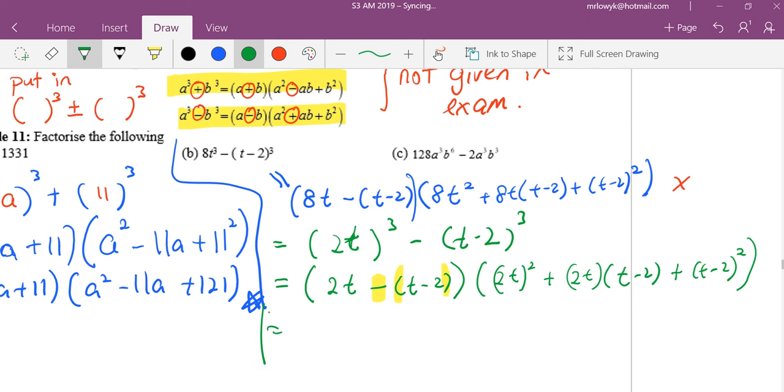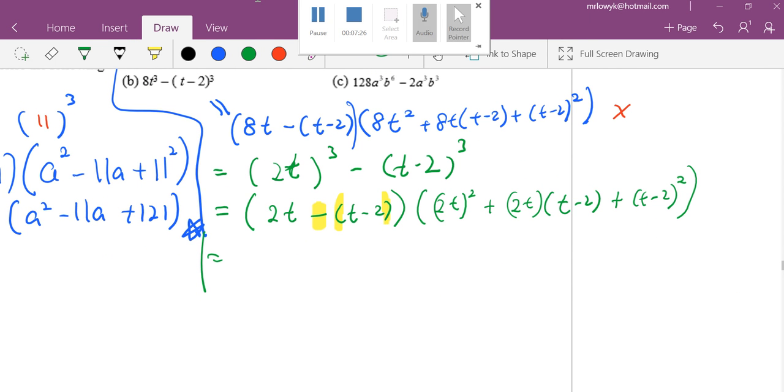Tiffany's question was, teacher, should I expand it? The answer is yes, only expand up to the brackets. That means this fella here should expand as well. But later, should you go and multiply through? No, because once you multiply through, you get back the top one. So let me explain.